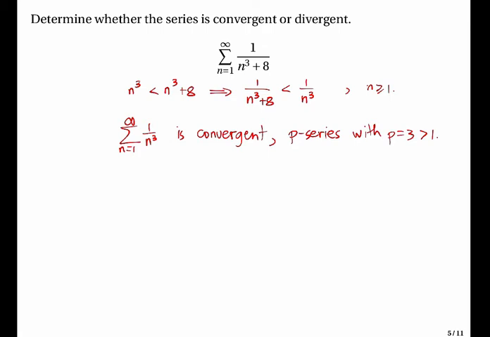So we conclude immediately that the series sum of 1 over n cubed plus 8 from 1 up to plus infinity is also convergent, and that is because of the comparison test.